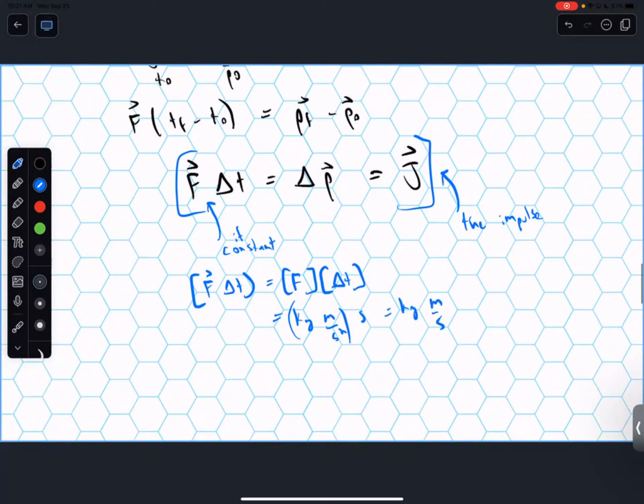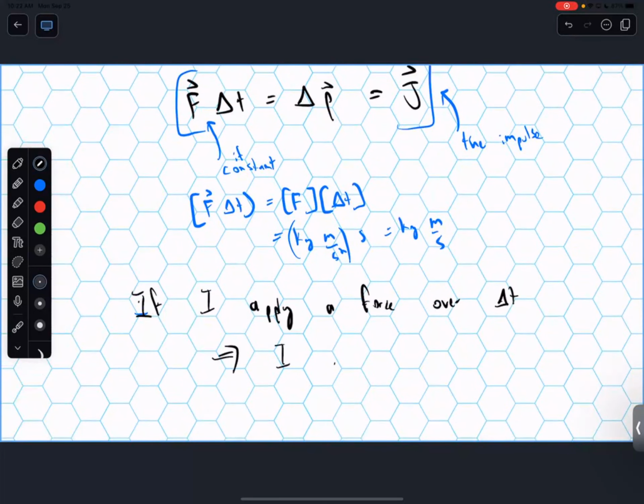It says that if I apply a force over delta T, I get a momentum change. And intuitively, this makes sense because we saw before that when you had objects that were moving at a constant velocity, you had to apply force to get them to do anything differently. But this is really framing it in terms of momentum because this is the proper form of Newton's second law, which is F equals dp/dt.